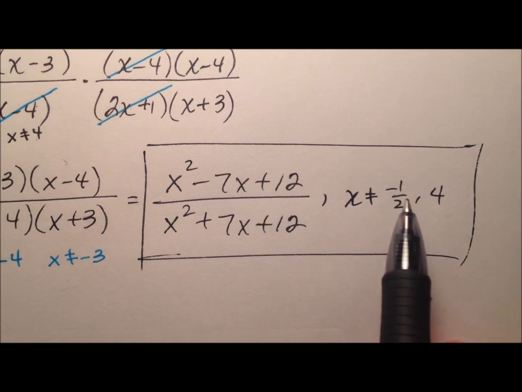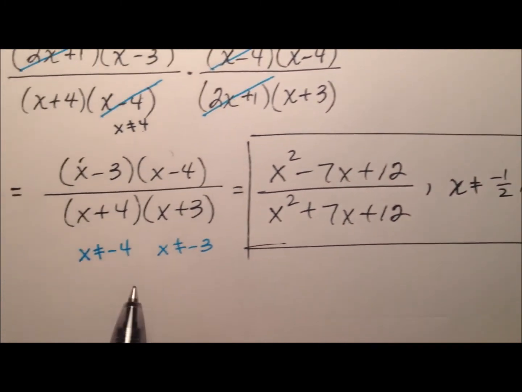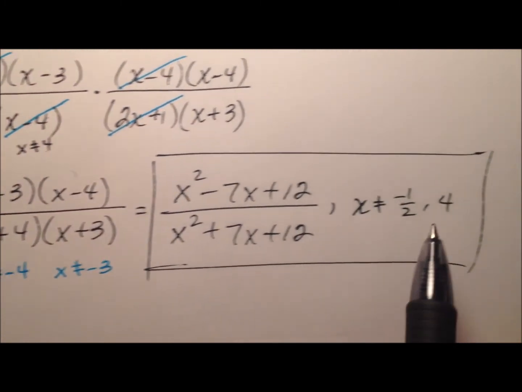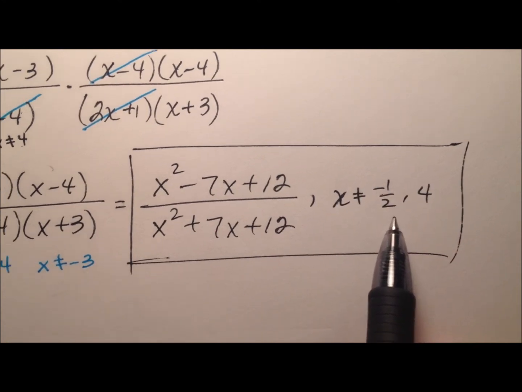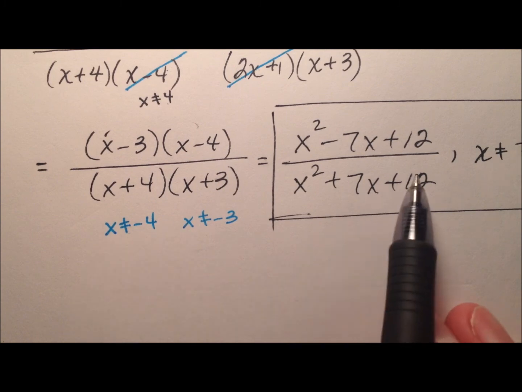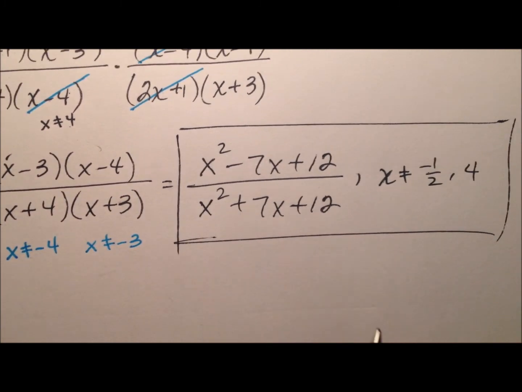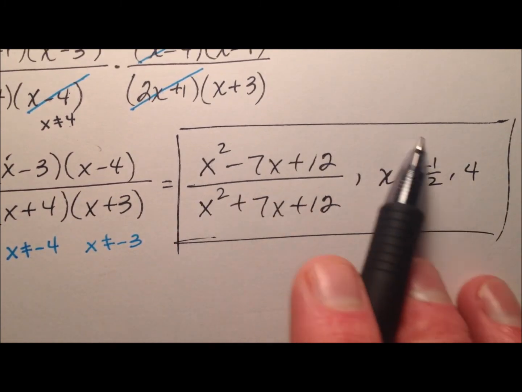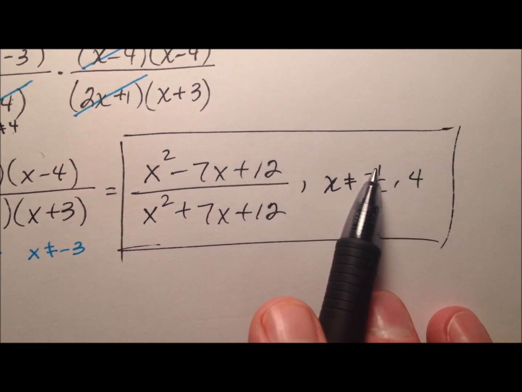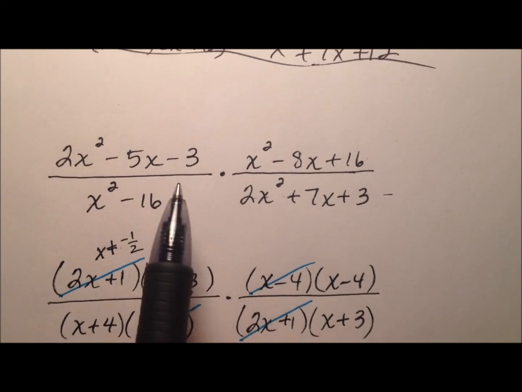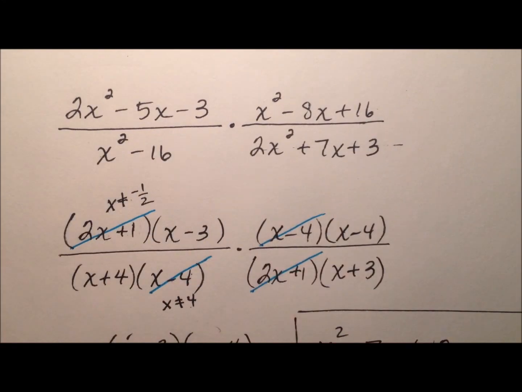And again, the reason I write these down, but I don't write these down, is because these were the ones that got canceled out along the way, and these are still present in my final answer. So what I say now is that this rational expression with this stipulation of x, and my original problem up here, are equivalent expressions.